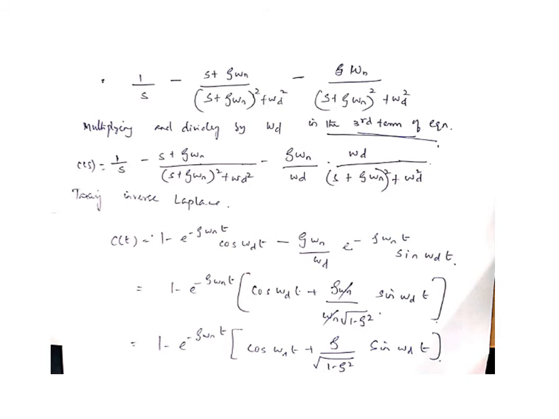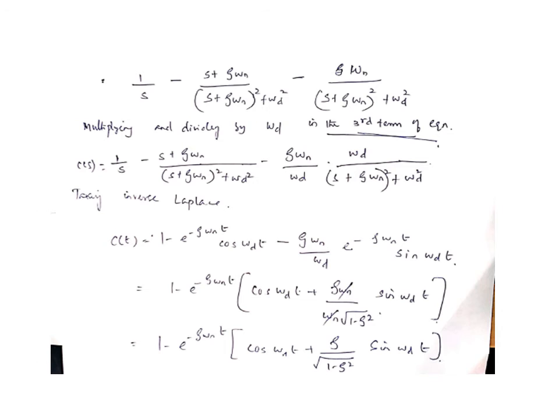Okay, 1 by s minus s plus 2 zeta omega n is going to be divided into zeta omega n and zeta omega n, right? So that is given here. 1 by s is going to be the first term, then the second term is going to be s plus zeta omega n divided by s plus zeta omega n the whole square plus omega d square, minus zeta omega n divided by s plus zeta omega n the whole square plus omega d square.